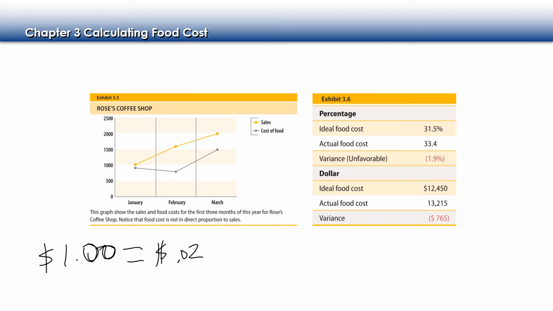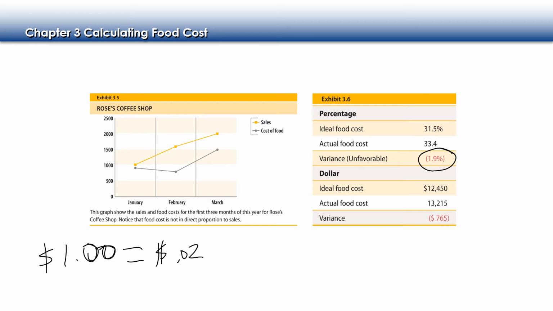Now, when we're talking about 2 cents from a dollar, that's not a big deal. But when we start adding zeros and we're talking about $1 million, well, 2% of that $1 million, if we take 1 million and we times that by 0.02, that's $20,000. And so this 2% right here can make a huge difference when it comes to controlling our food costs.